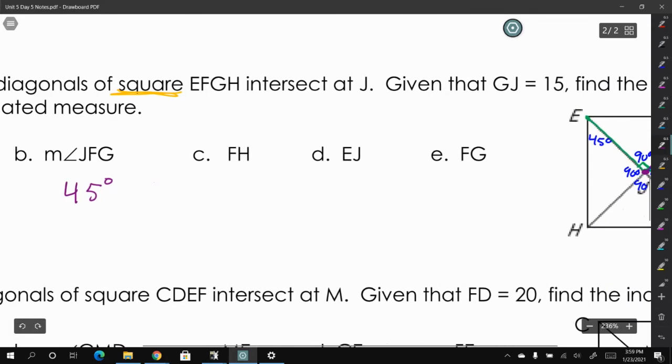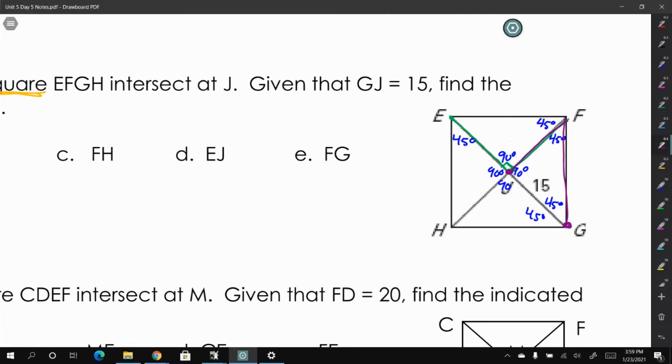And then FH, well, how long is FH? Let's look. Well, all we have is this length right here. GJ is 90. Or sorry, not 90, it's 15.